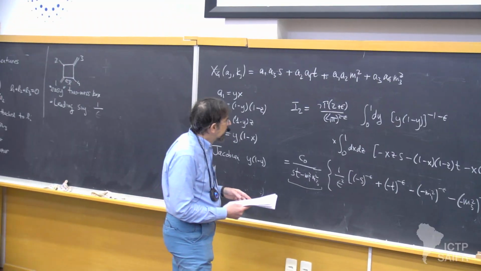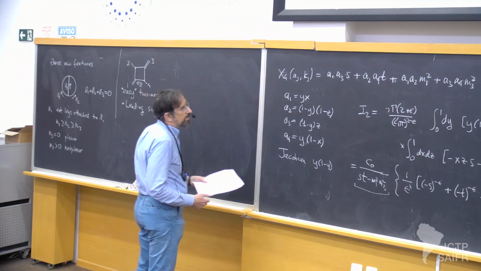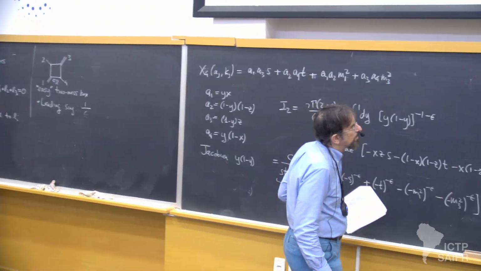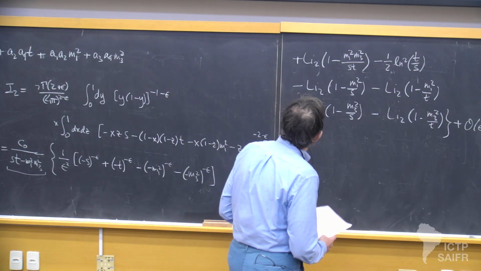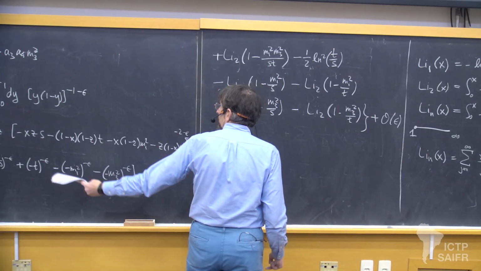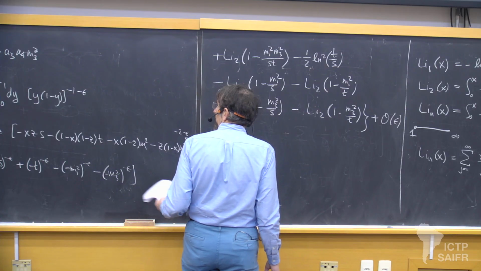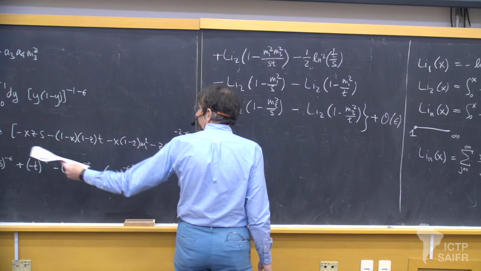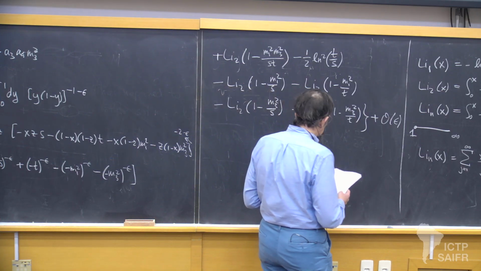You can see that by defining this to be delta and re-expressing the logarithms that emerge at order 1 over epsilon in terms of that delta, and you can see that there will be a cancellation.